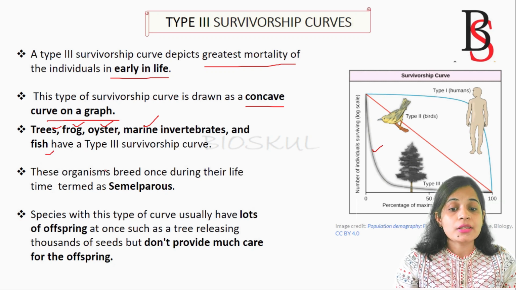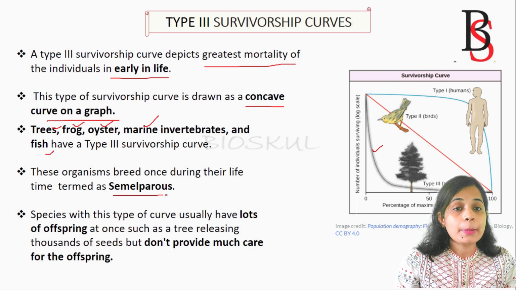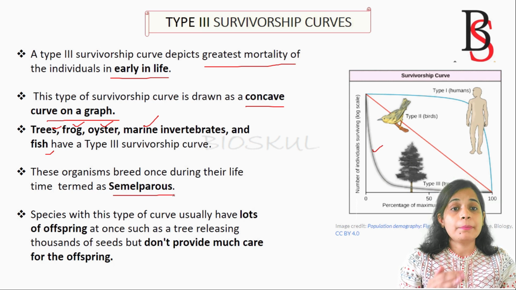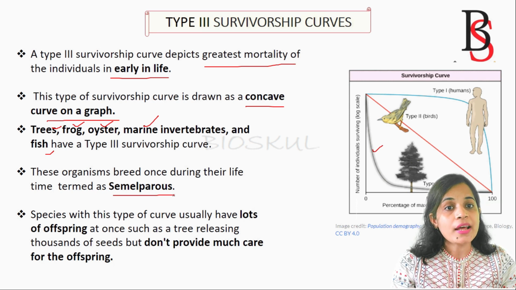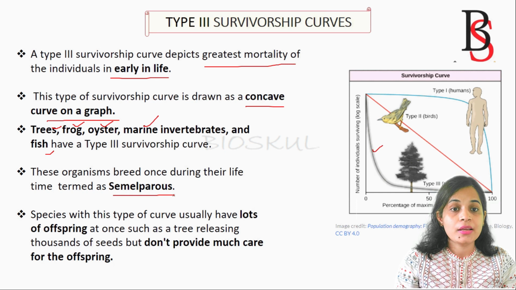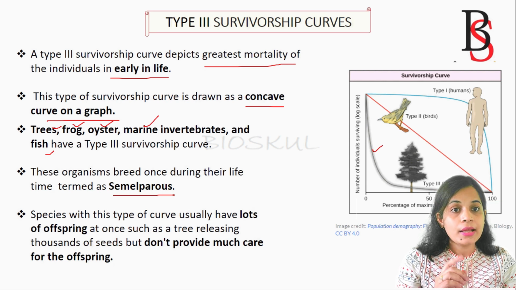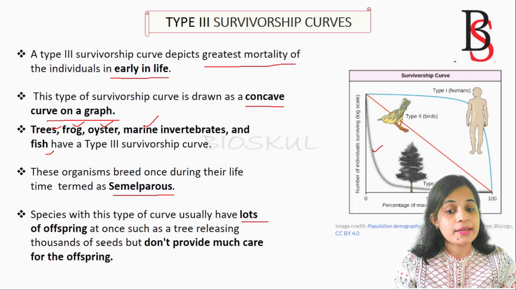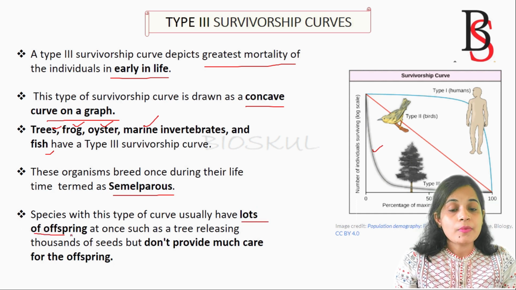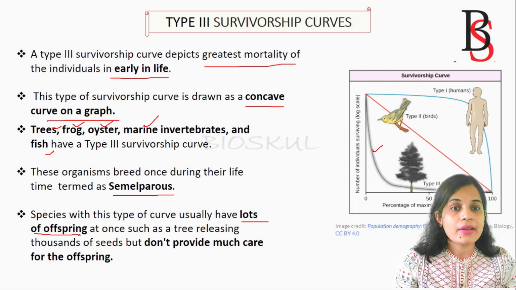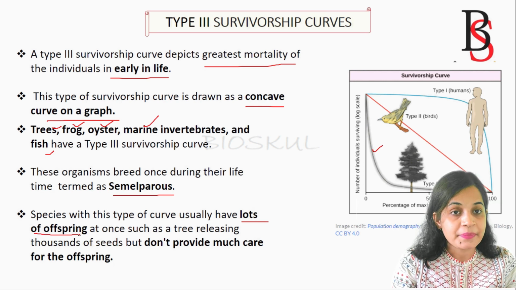These organisms are semelparous, meaning they breed only once during their lifespan, and they have a lot of offspring and don't have any parental care.